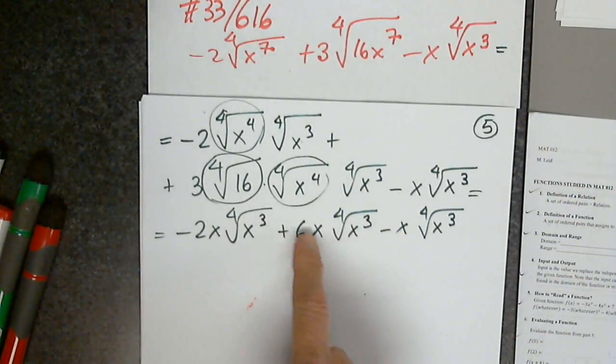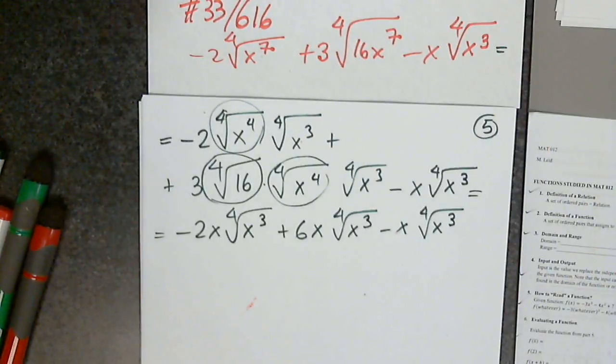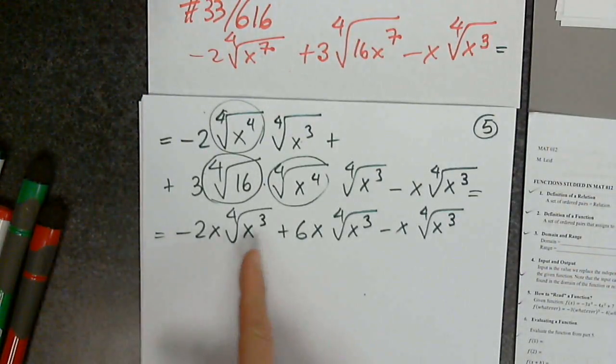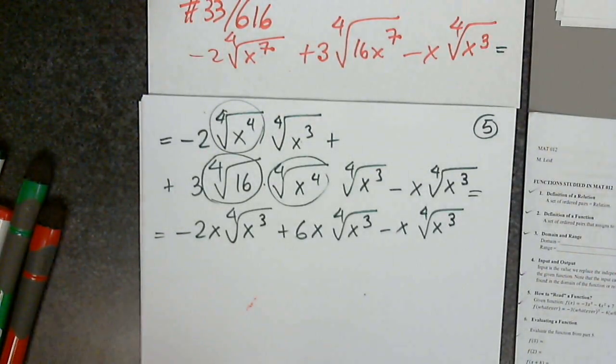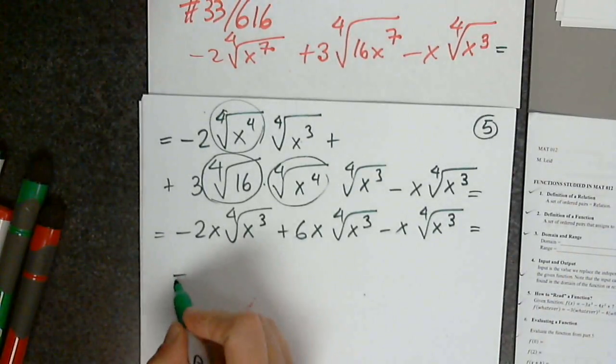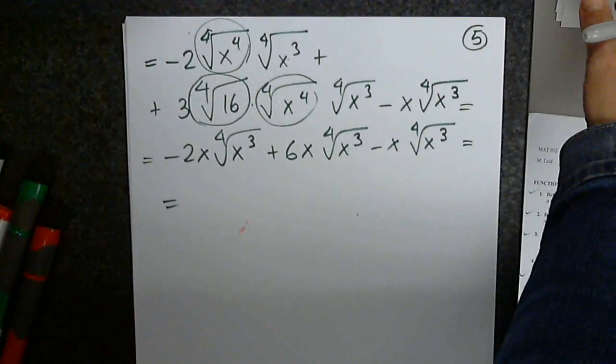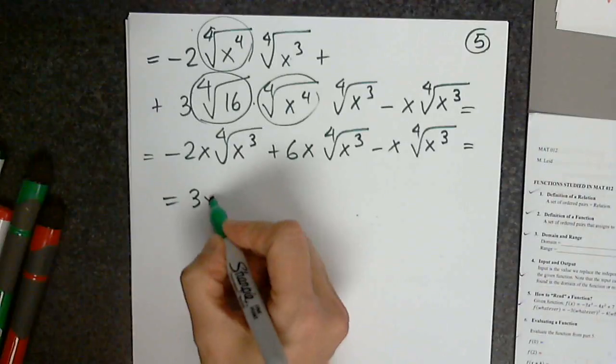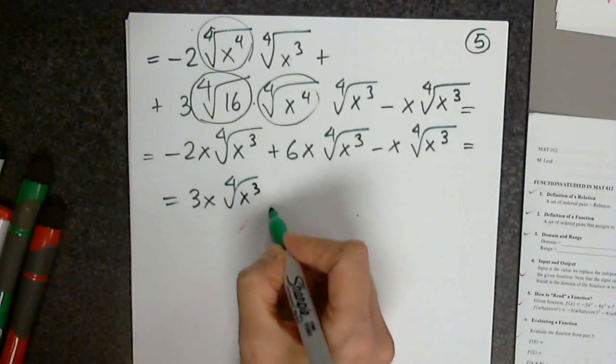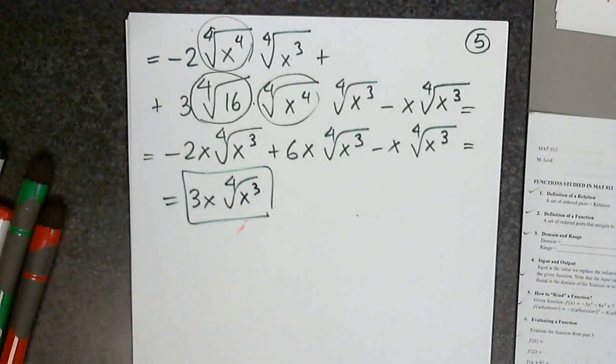They have the same variable in front with the same power. So now I will only say negative 2 plus 6 minus 1, which results in 3x, the fourth root of x to the 3rd. So this is okay, but multiplying is more important.